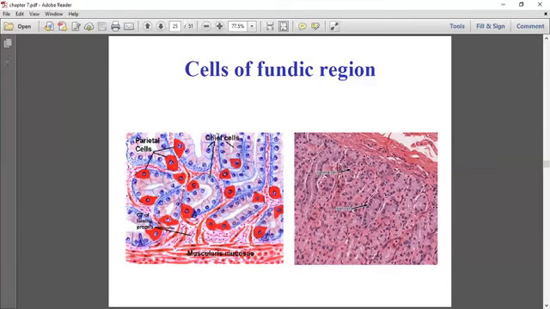The peptic cell or chief cell is very close to cup-shaped, between columnar and cuboidal, having a round nucleus close to the basal surface. The large cell here is the parietal, and the cup-shaped or very close to cup-shaped are the chief cell or the peptic cell.